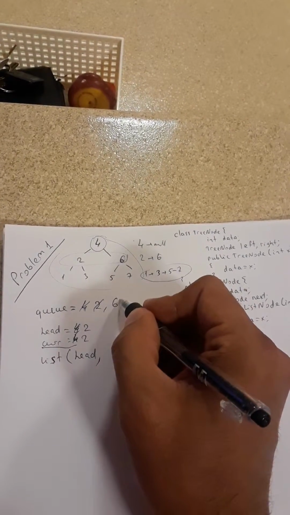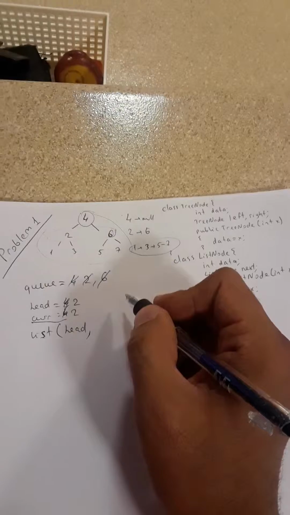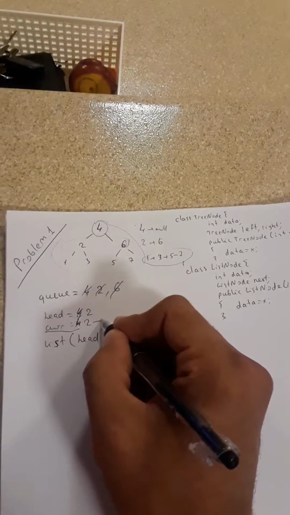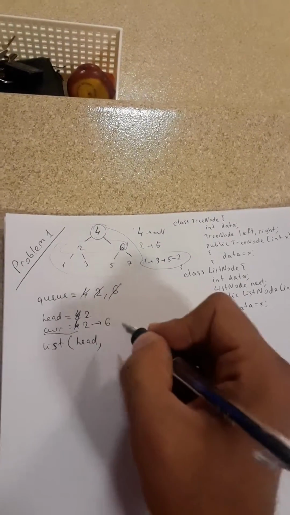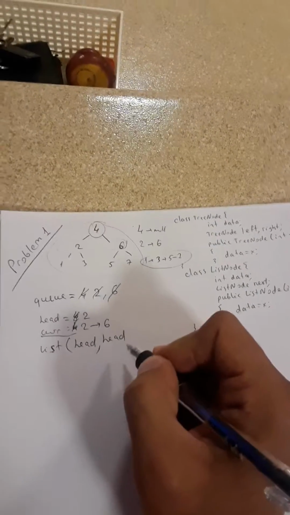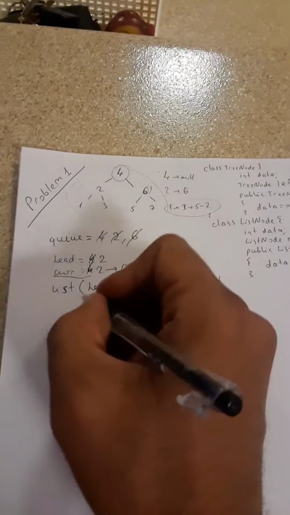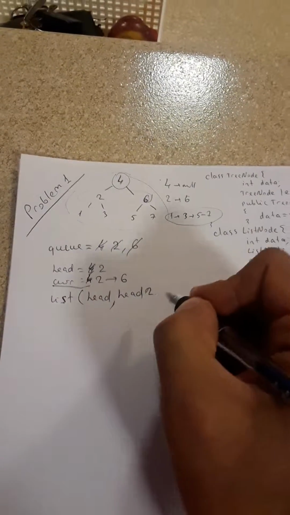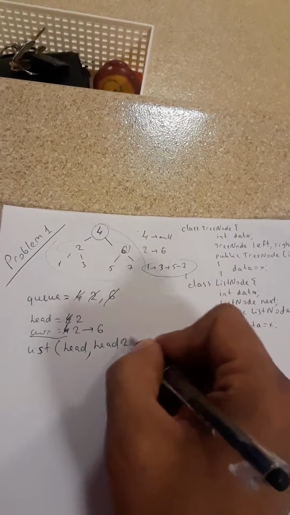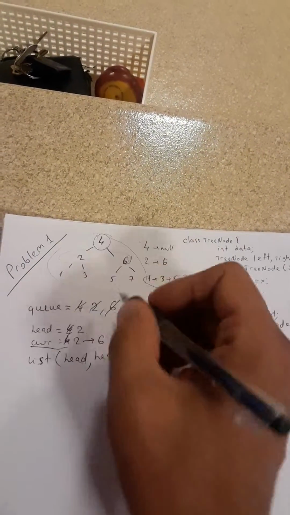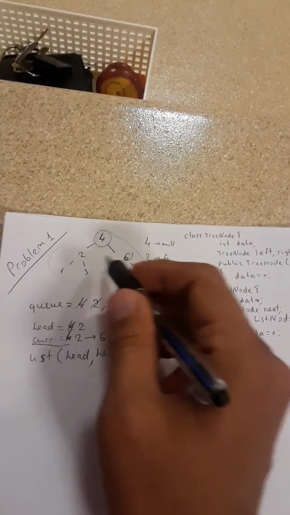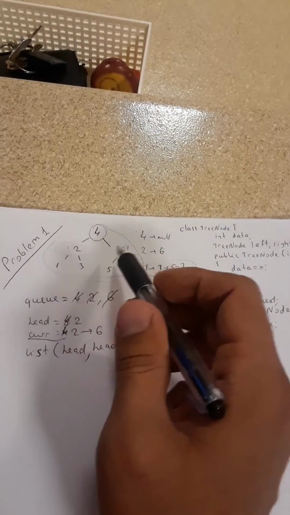Then I will again pop the value from the queue, and since my head is already full, I will just move my current pointer to 6, and after that I will store a new list node into my list. So this will be head 2, and again before storing it to my list, I will also push the children of my currently considered tree nodes.